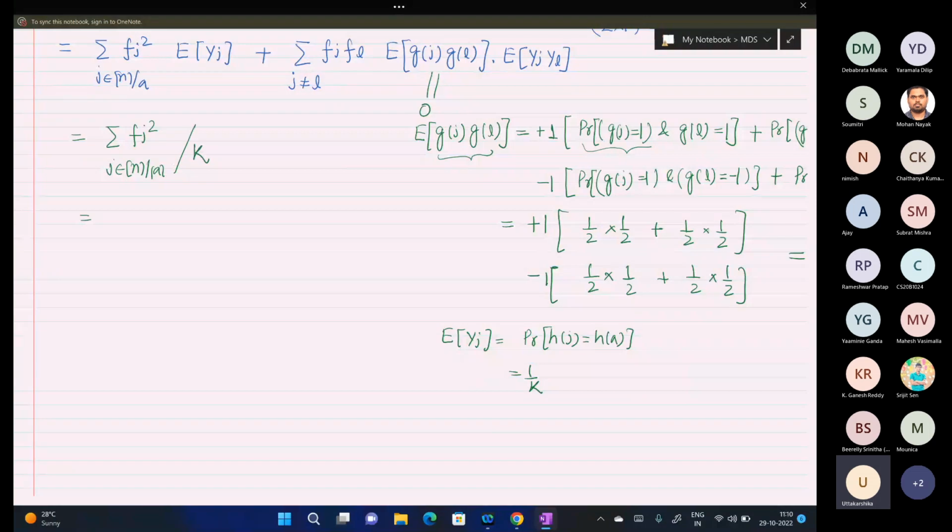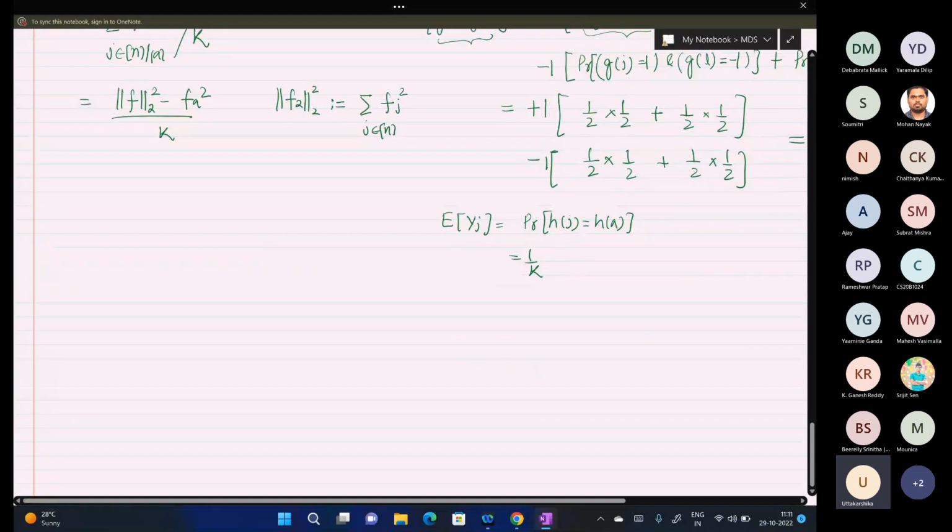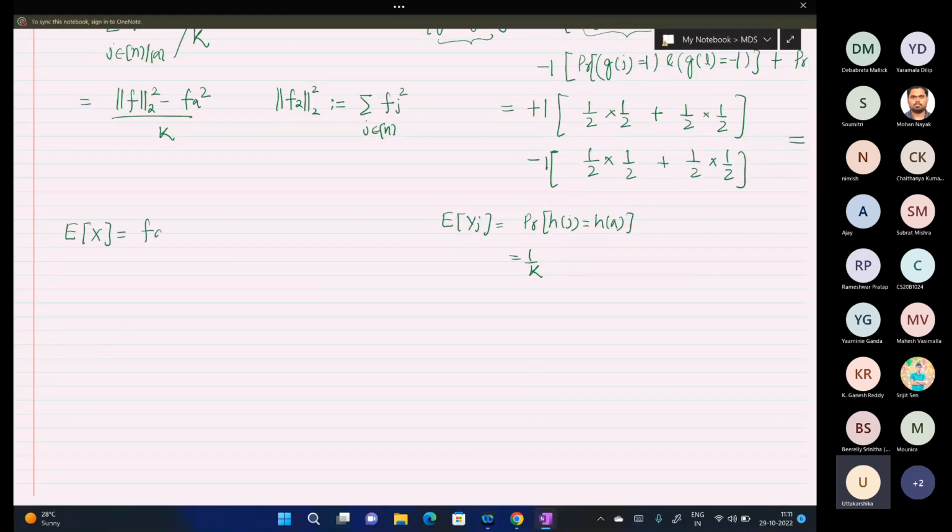So I'll write this as f2 square minus fa square by k, where f2 square denotes the second moment. So far, x is our estimator, the expected value of x is fa, and the variance of x is this.